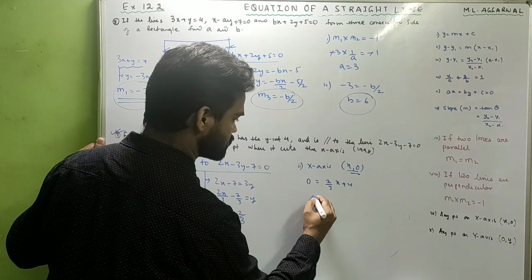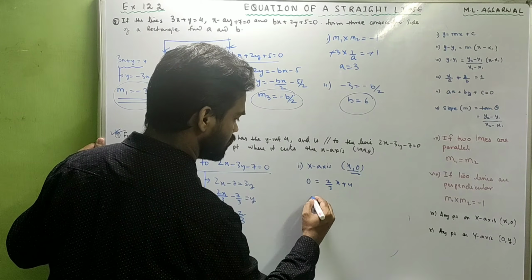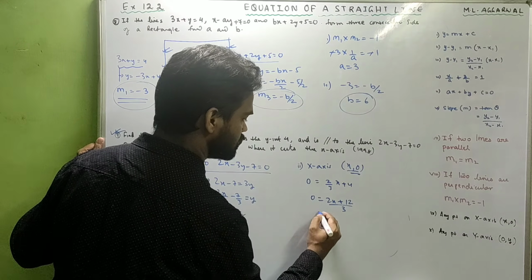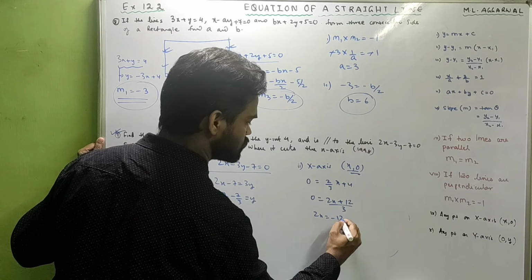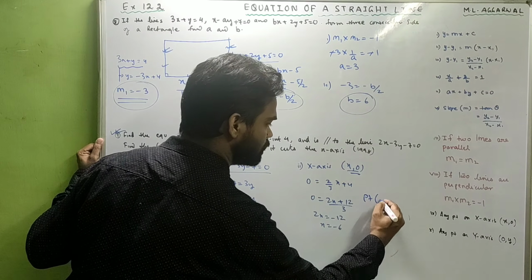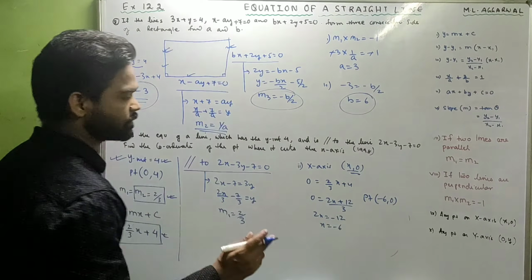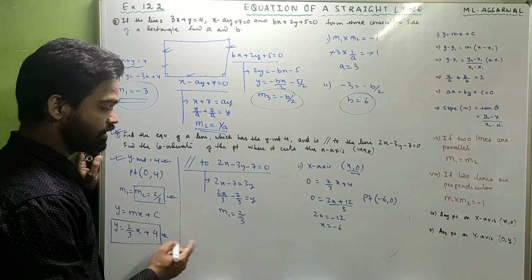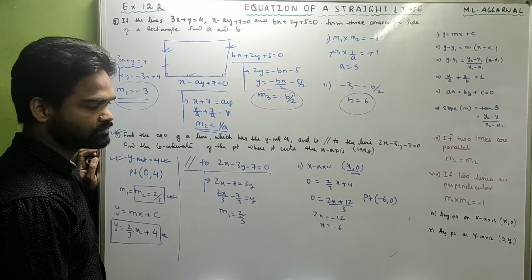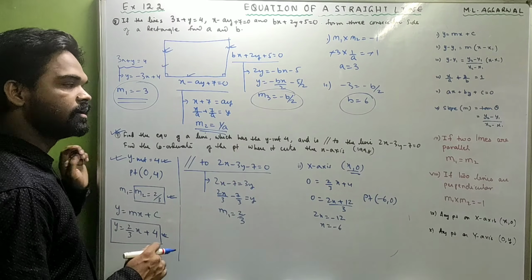Which means this becomes 0 equals 2x plus 12 by 3, which means 2x equals minus 12, x equals minus 6, which means your point will be minus 6 comma 0, which means this line intersects x-axis at minus 6 comma 0. Clear?